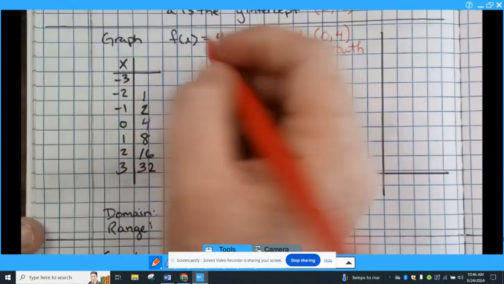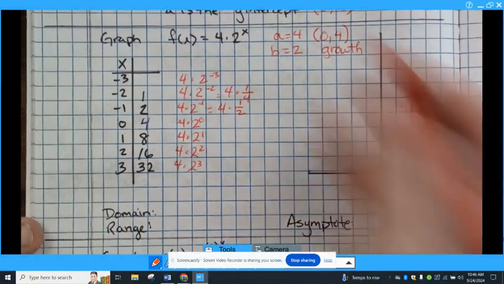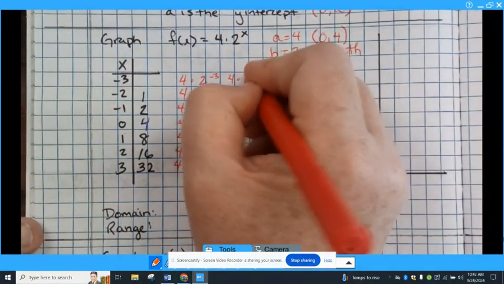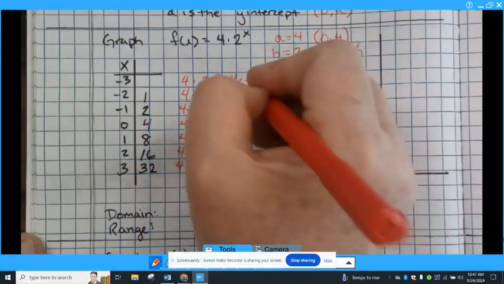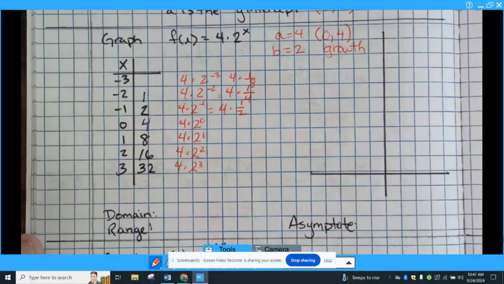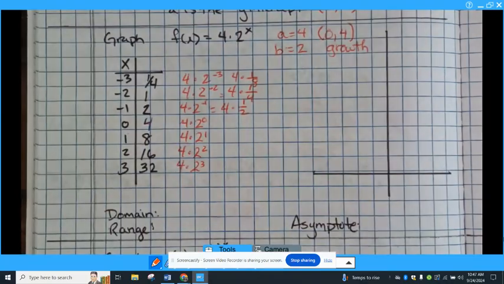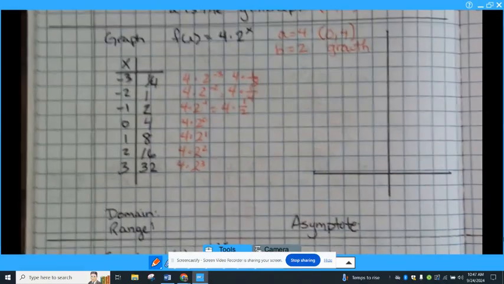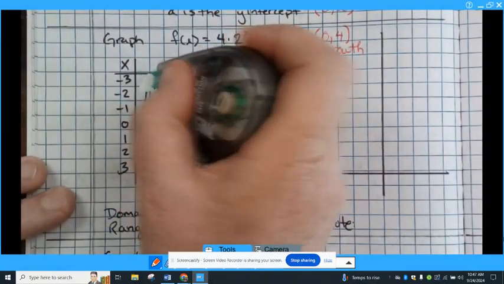The next one is 4 times 2 to the negative 3, which is 4 times 1 over 2 to the third, which is 8. So 4 times 1/8 is going to be 1/2. Whoops, I don't know why I wrote 1/4. My brain broke. Let's fix that.